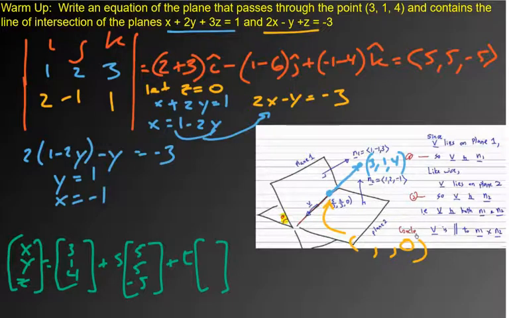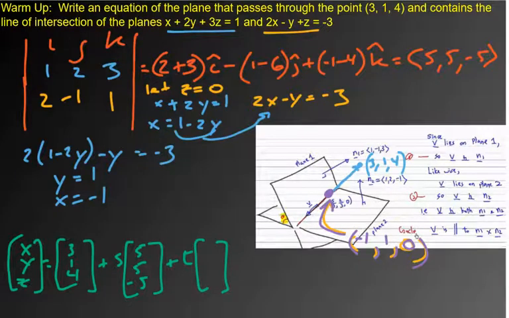So I basically found this purple point, and I had assumed that the z value was going to be 0, and I just found an x and a y that would match up with that z value. So I found x to be -1 and y to be 1.